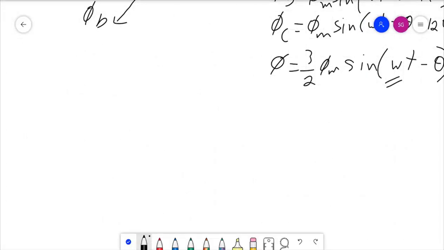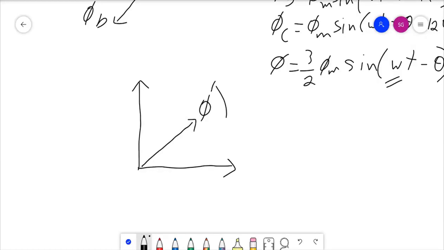In a stationary reference frame, we are standing on the ground, and from the ground we visualize this flux. This flux is phi, and it is rotating at omega speed.